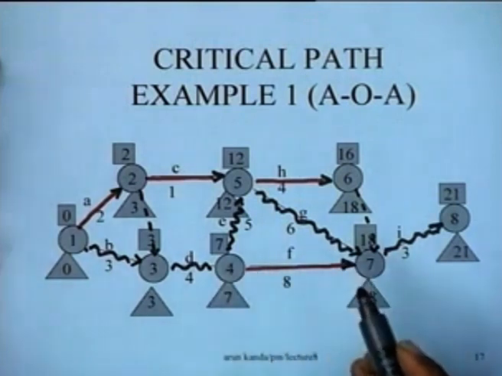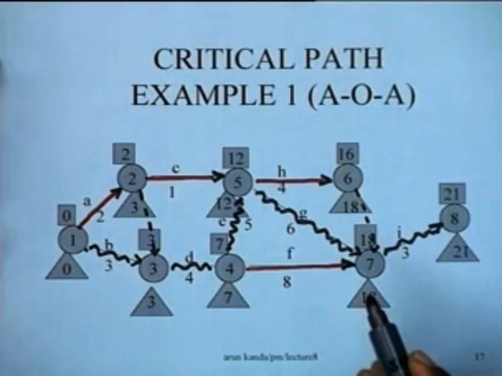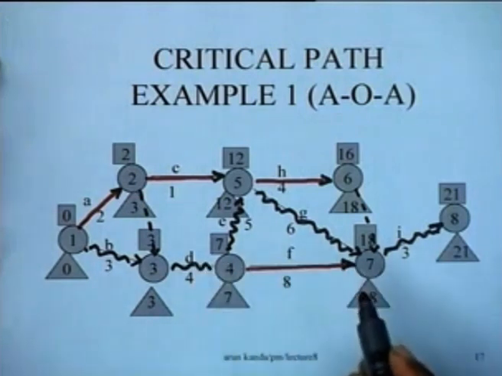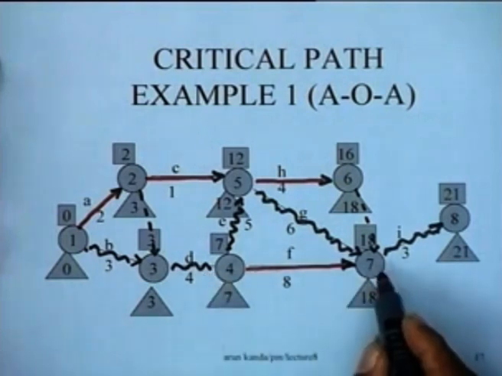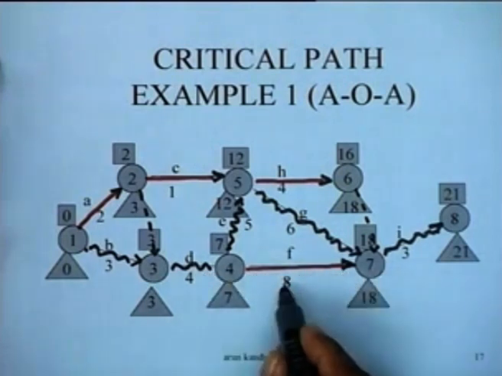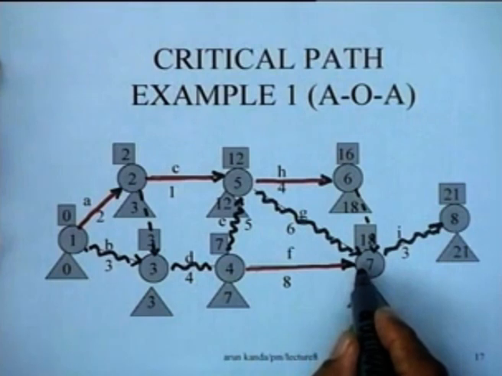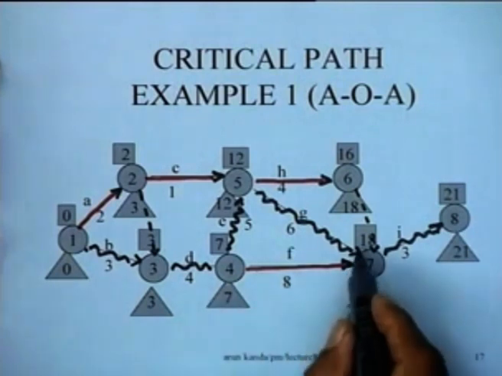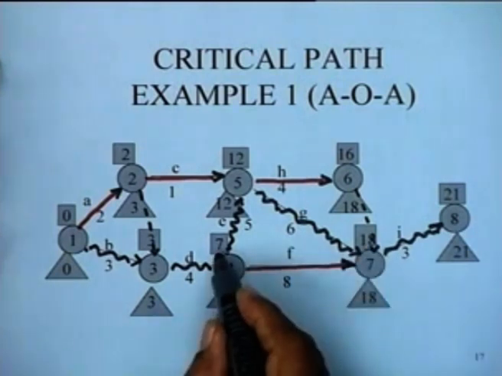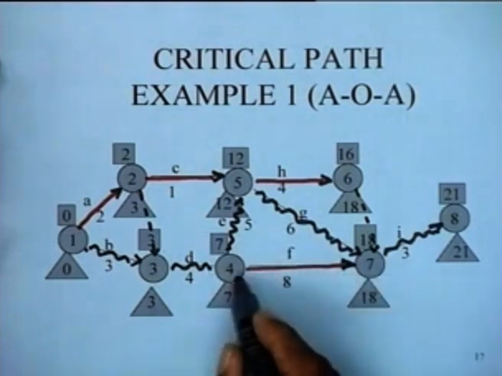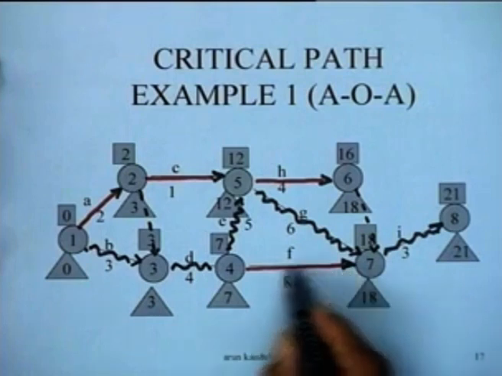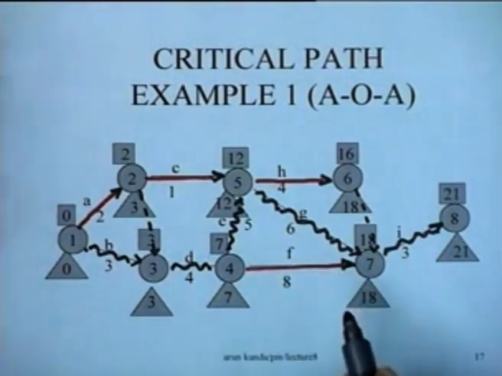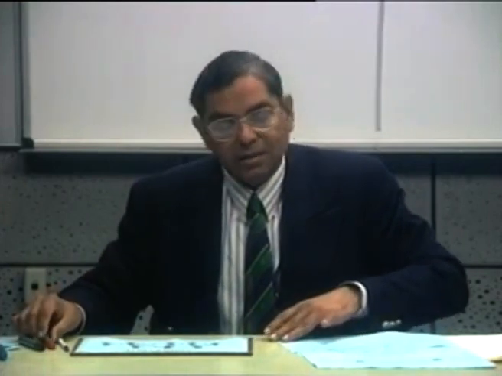So, one has to be a little cautious in identifying the critical path, because simply joining two critical nodes without verifying that this particular duration exactly matches this, you see this is not critical, because 18 to 7, this is 11 units of time, and this activity takes only 8 units of time. So, it is not critical, it has a float of 3 units. So, this is how we can identify the critical nodes.